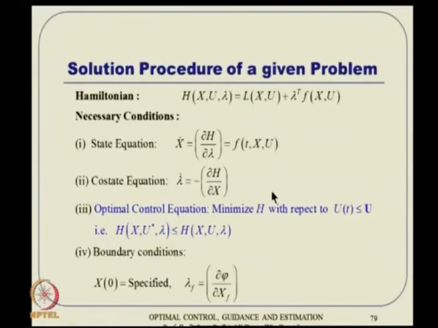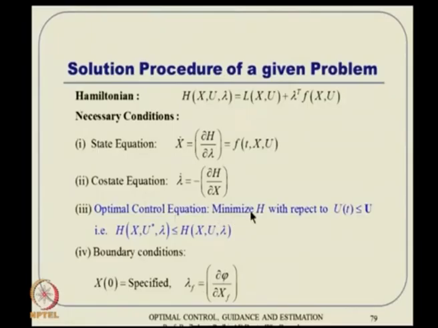This is a great contribution from Pontryagin. It tells us that the regular theory can be used: you can still define the Hamiltonian that way and carry out the necessary conditions of optimality. The only difference is the optimal control equation.